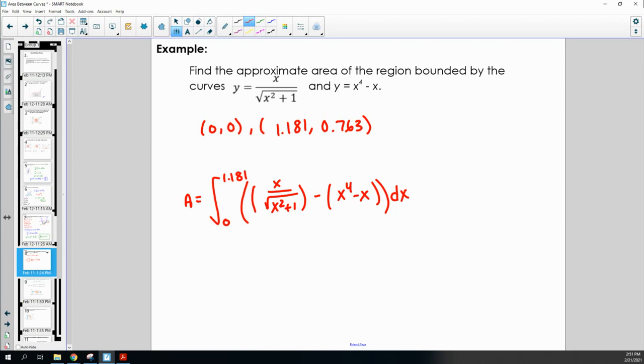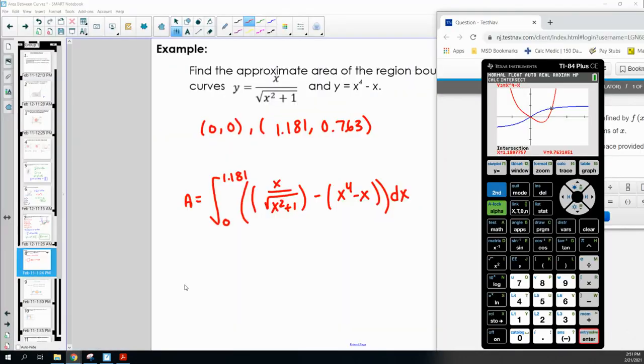So what I can do now, just to figure this out, instead of doing antiderivatives by hand, I'm just going to use the calculator. I'm going to go to my main page. So I'm going to do the integral from 0 to 1.181.